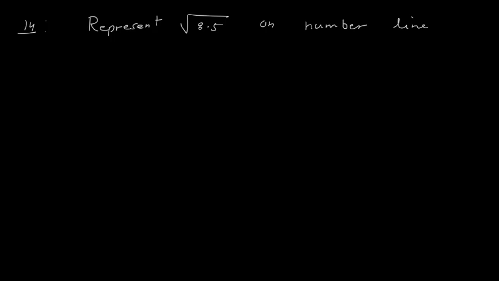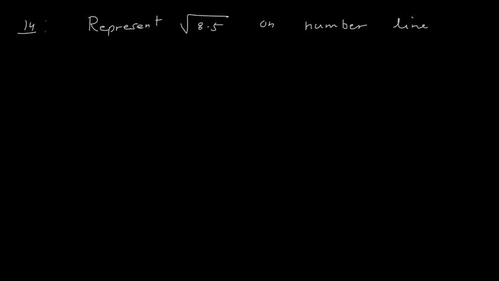So for that, you will draw a number line first. And on this number line we mark origin O, or let us first do the construction and then decide what will be the origin.